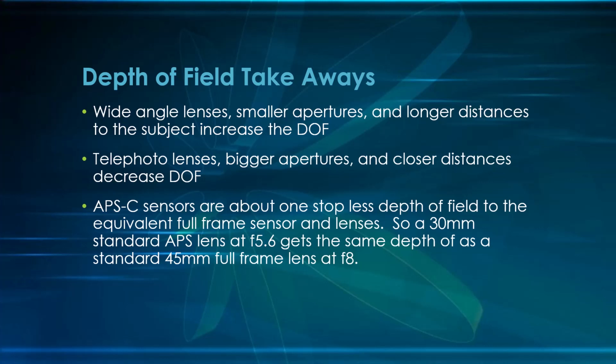Telephoto lenses, bigger apertures and closer distances decrease depth of field. It's particularly true once you get into macro photography or very close-up photography. So when you're shooting these things, if you want a blurry background, you might go for the bigger aperture on a telephoto lens.